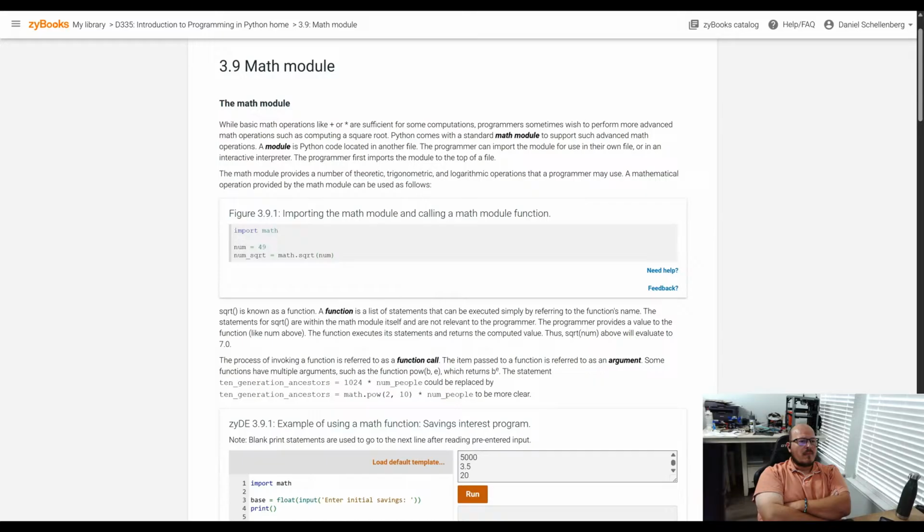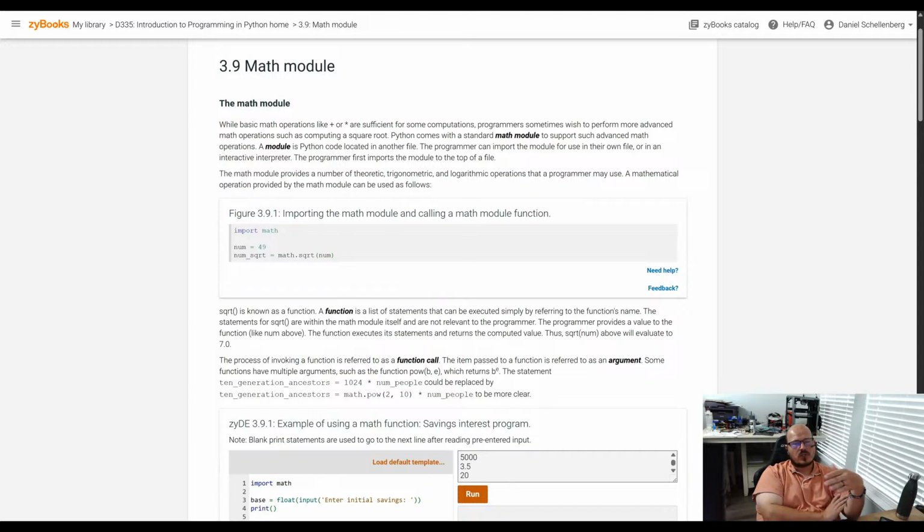A module is Python code located in another file. The programmer can import the module for use in their own file or in an interactive interpreter. The programmer first imports the module at the top of the file.